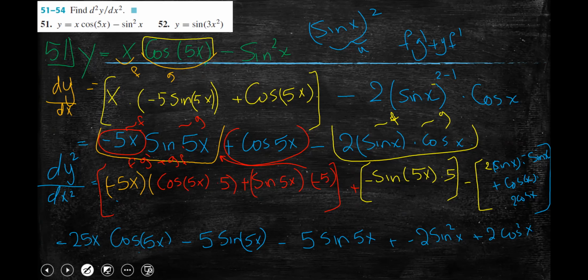Can I simplify cosine times sine? Now, look at negative 5 sine x, negative 5 sine x. Can we add them? Yes, it will be negative 10 sine 5x. Is it right?